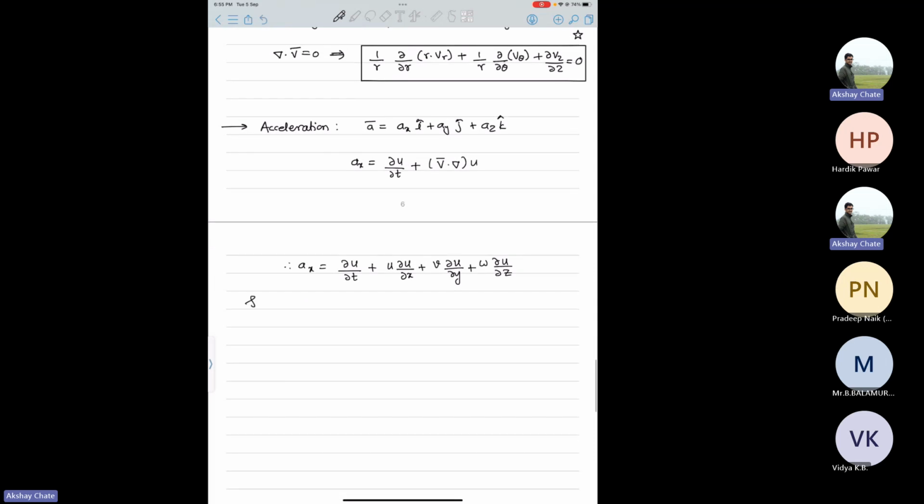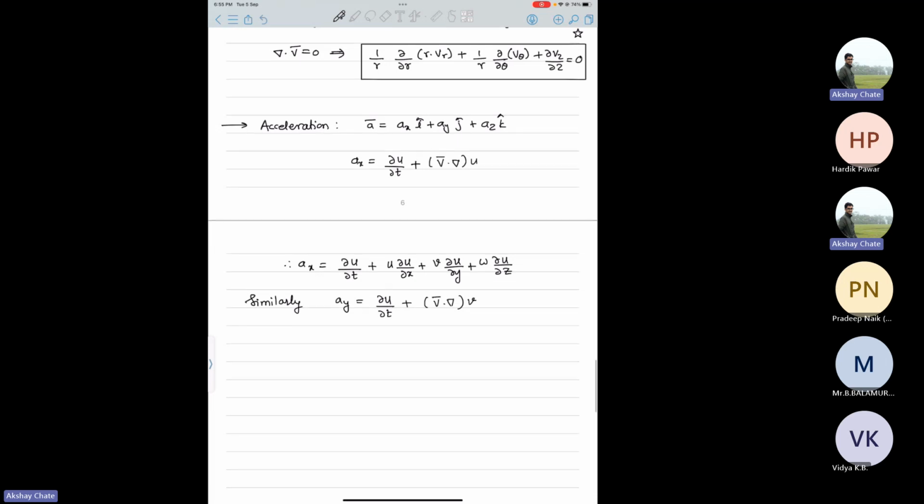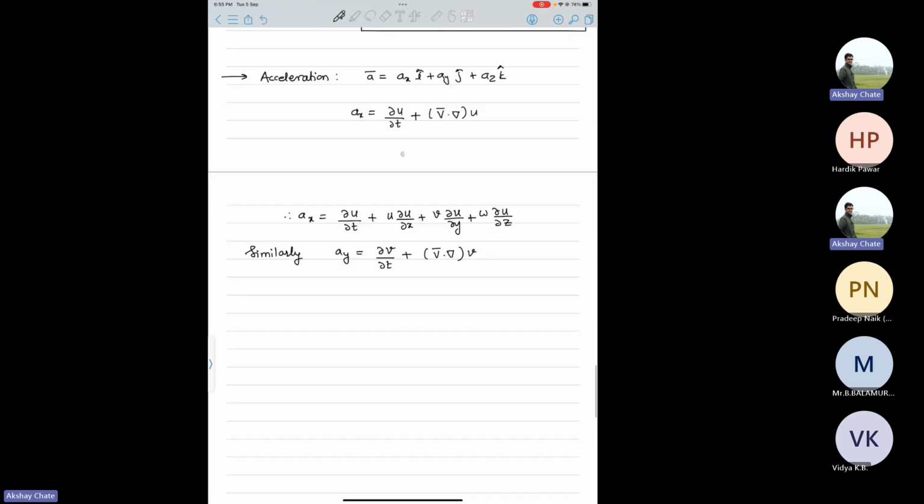And similarly, ay becomes del v by del t plus this operator into v, the unsteady component.